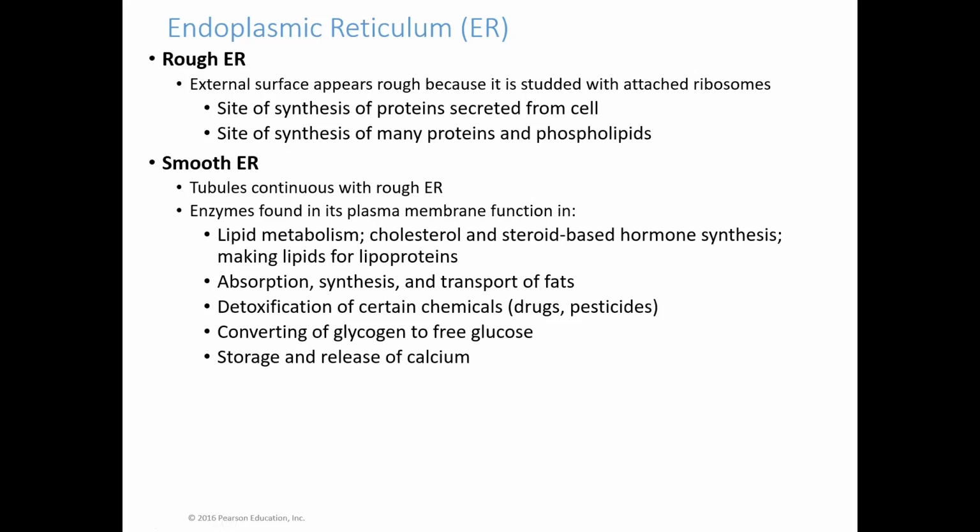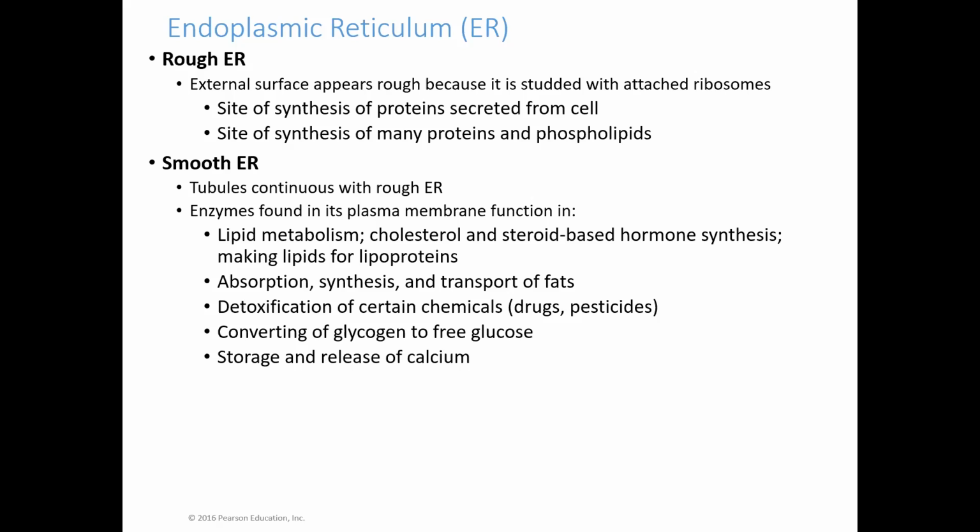It produces the non-specific sex hormones that come from the adrenal cortex, also the androgens. So all of these steroid hormones are made in the smooth ER. The lipoproteins that carry cholesterol, the HDLs and the LDLs, are made in the smooth ER of cells. We transport fats through the smooth ER.